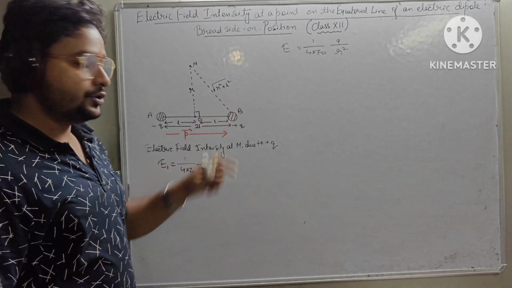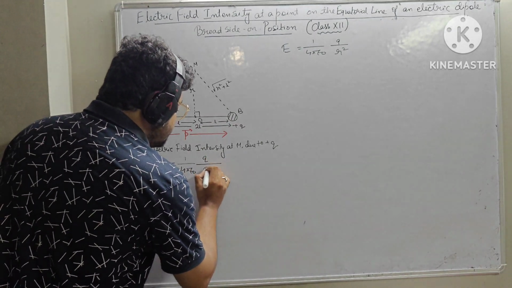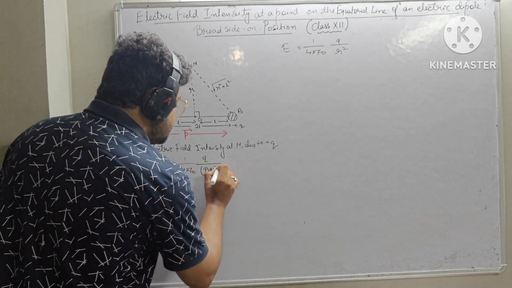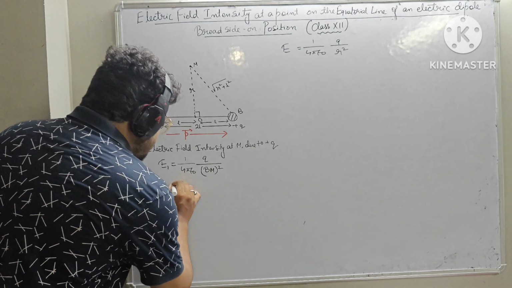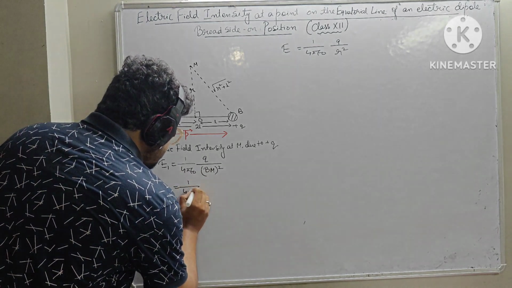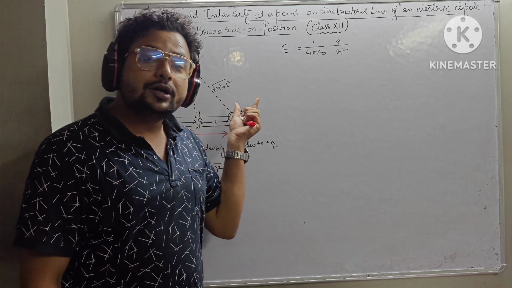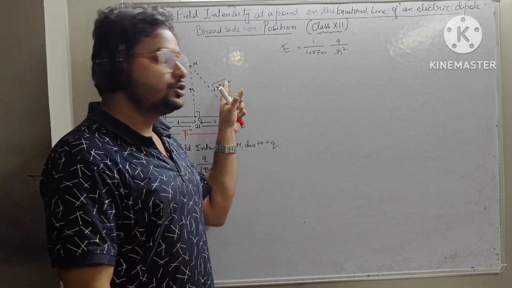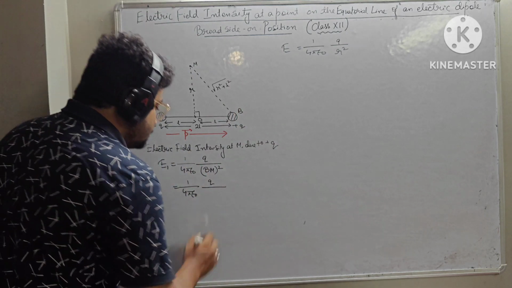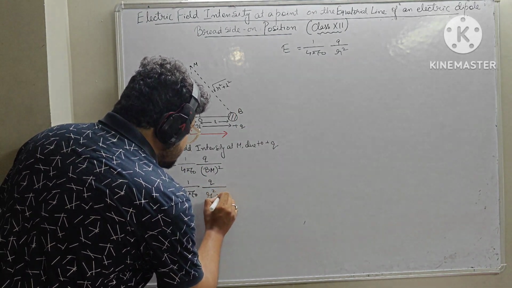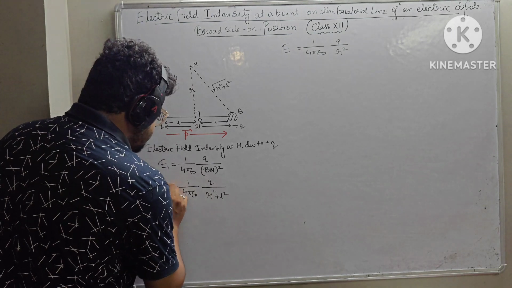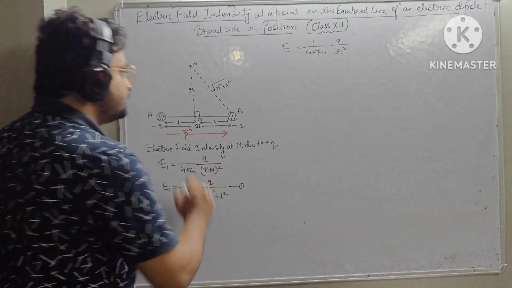So E1 is 1 by 4 pi epsilon naught q divided by root over r square plus L square, whole square. So the root is going to be eliminated, and we are left with only r square plus L square. This is E1, equation 1.